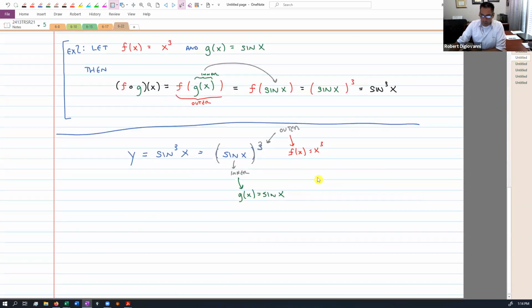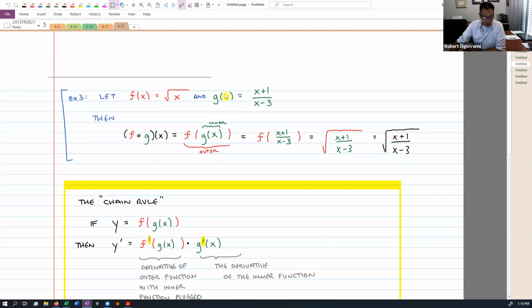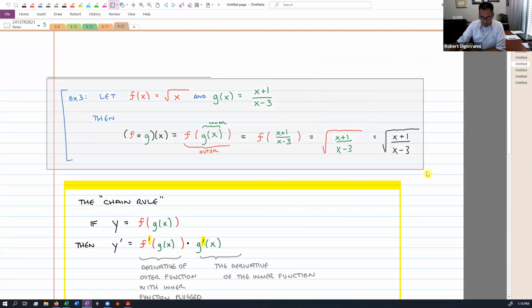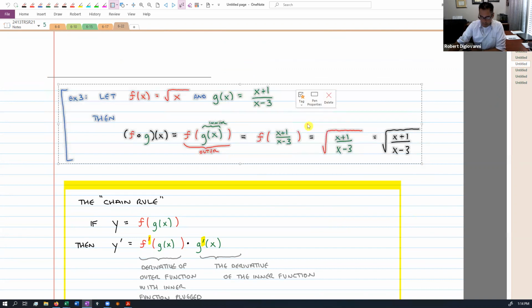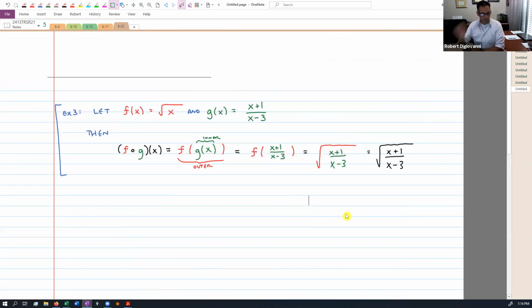Now let's do another example, because I really have to make sure you understand this. Let me take this to a different page. I'll go a little faster through this. We have two functions, f of x equals the square root of x, and g of x is this rational function.